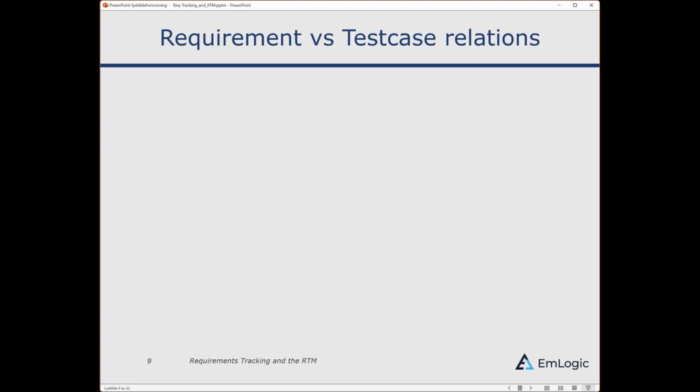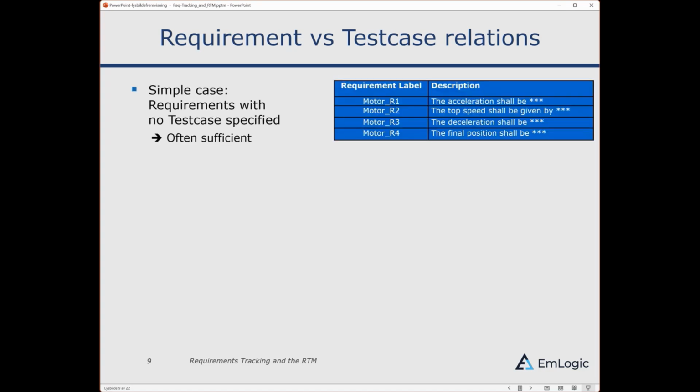Then let's look at these requirement versus test case relations. So for a really simple test case, it would be quite often sufficient to just have a list of requirements and not specify in which test case they need to be verified, i.e. you can basically verify them anywhere as long as you verify them.